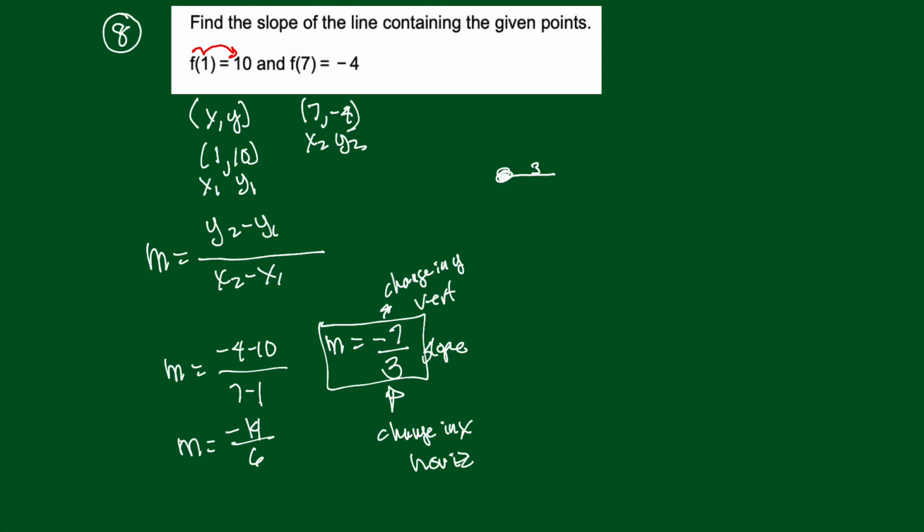Down 7. Down because of the negative. So I'm going to go down 7. I'm not going to put a negative there. I know I'm going down. I'm going to the right 3, down 7. Now, if I draw a line, if I start at any point on the line, I go to the right 3 and down 7, I'll be back on the line.